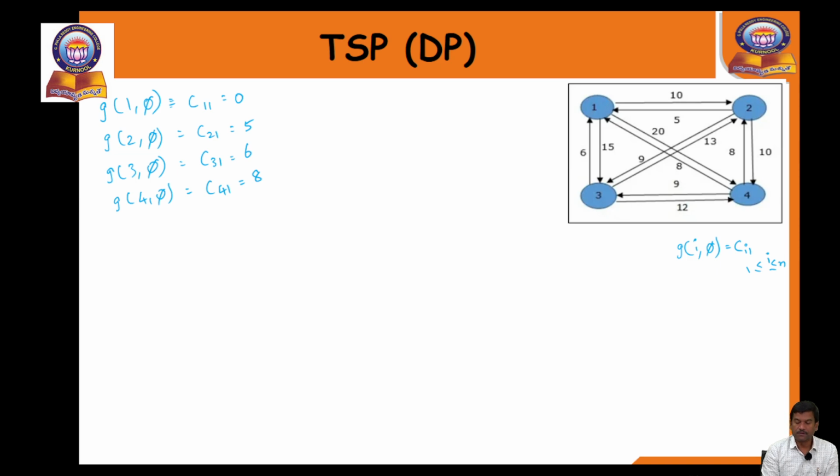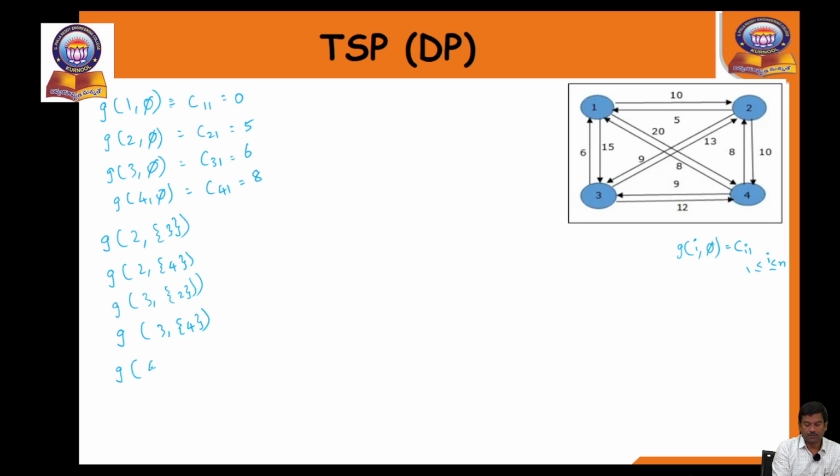So in the next step, after you exclude the vertex 1, you need to find g(2, ...). From 2 we can reach 3, and from 2 we can reach 4; from 3 we can reach 2, and from 3 we can reach 4; from 4 we can reach 2, and from 4 we can reach 3.